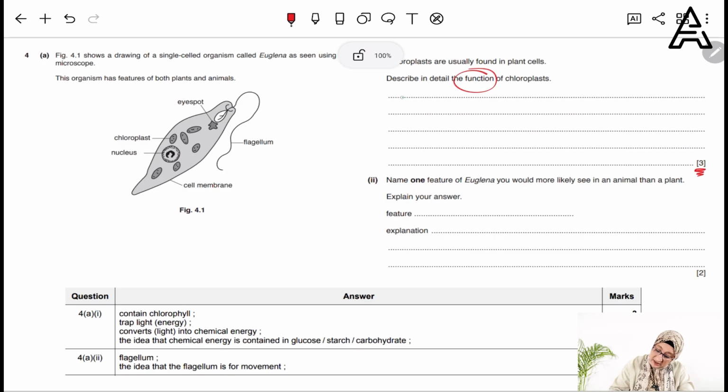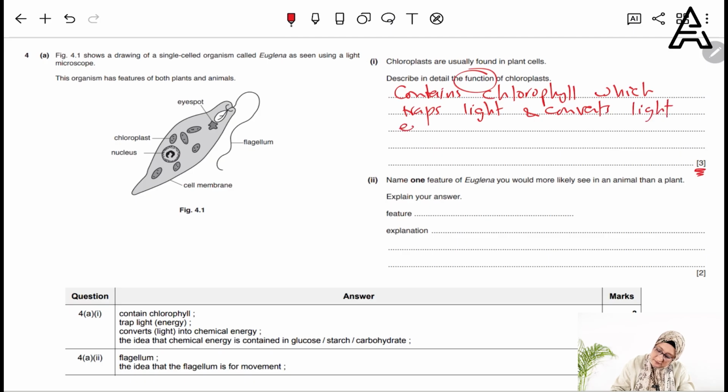يبقى أنا أقول له it contains chlorophyll which traps light and converts light energy into chemical energy.